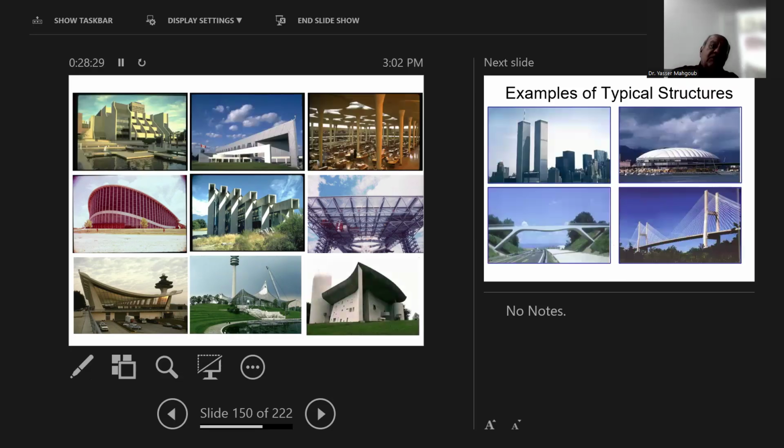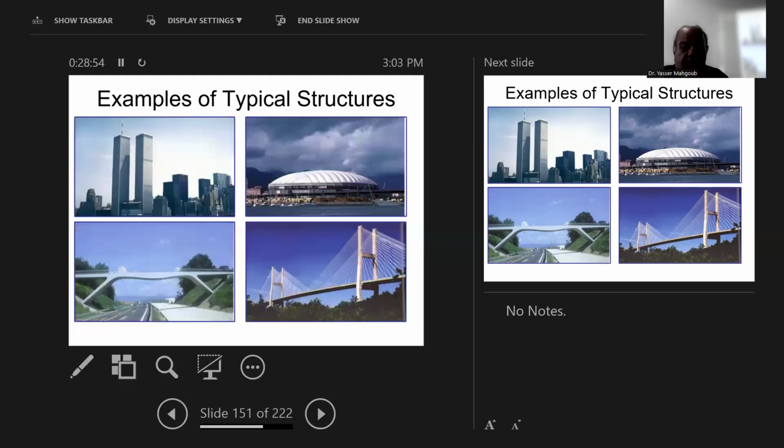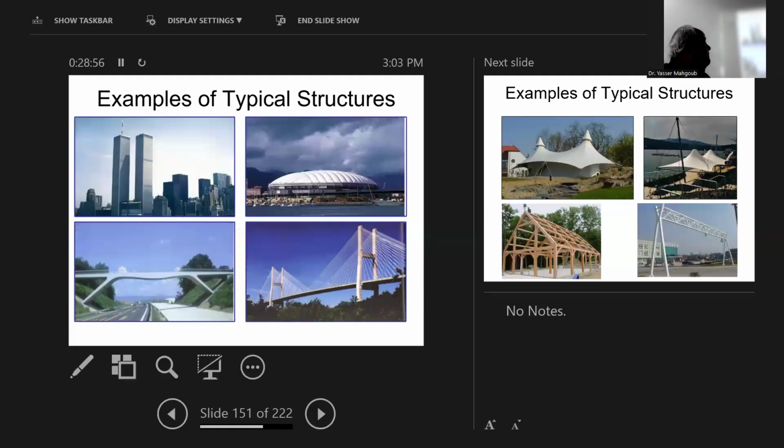Le Corbusier also used an innovative structural system to express the Ronchamp chapel in France. It's an integration between the shell and the skeleton and the spatial. So it can be as innovative as you need.